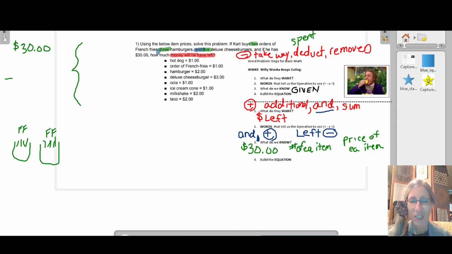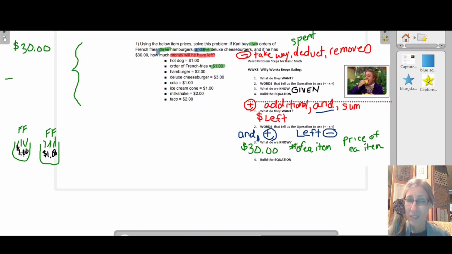I meant to change my color. So each French fry was $1. Okay, so we want to put $1 in each of these, because that's what each order is worth.